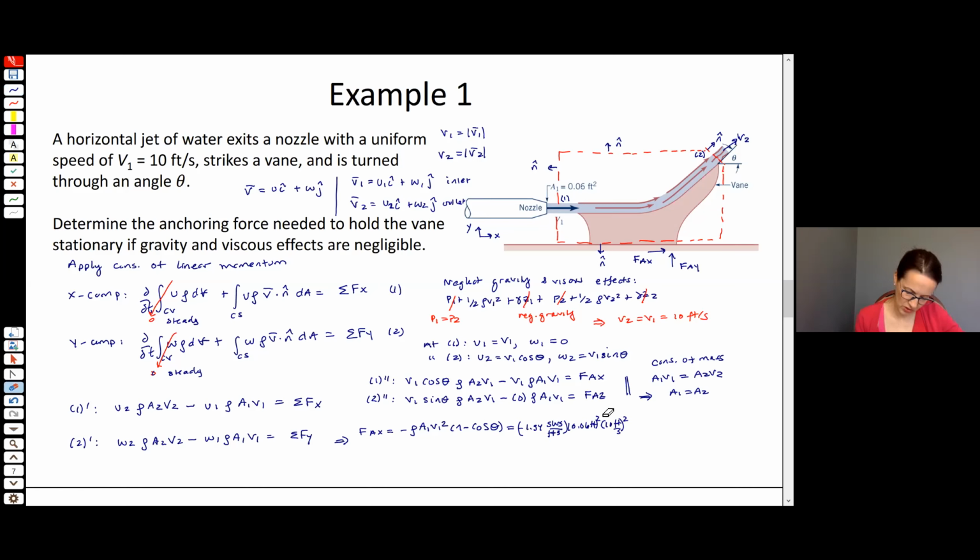Oops, this square should go inside. Times 1 minus cosine theta. So that's minus 11.64, 1 minus cosine theta pounds. Ooh, squeezing it in there.